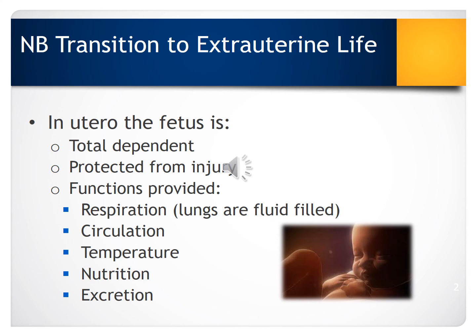The fetal lungs in utero are filled with fluid, and so they do not function as they do in a newborn or an adult. The placenta provided circulation, temperature regulation, nutrition, and excretion was all carried out through the placenta and amniotic fluid. And so there was a total dependency.